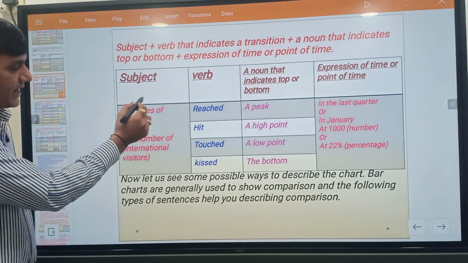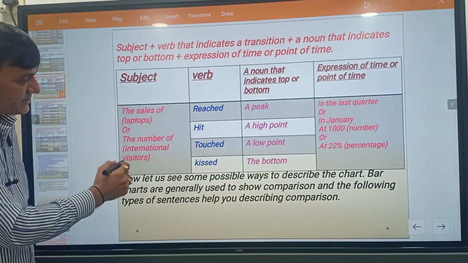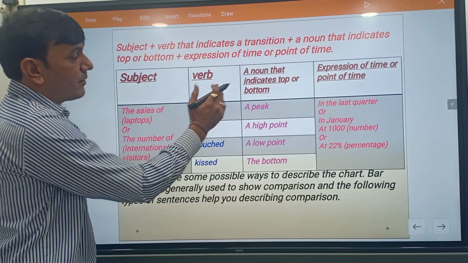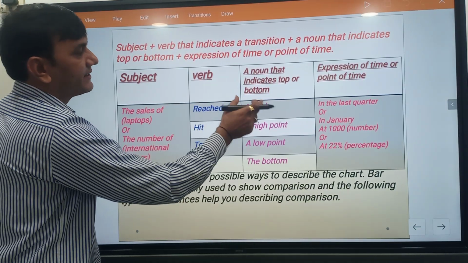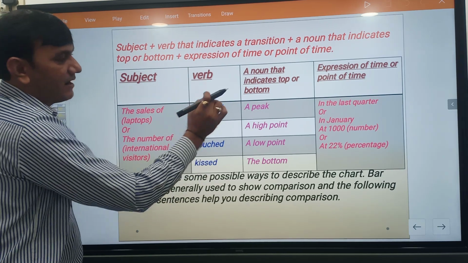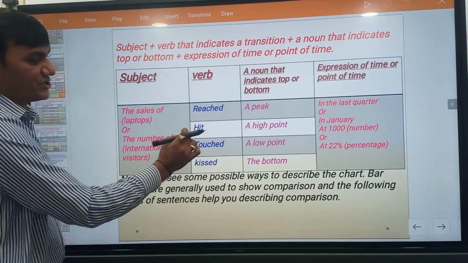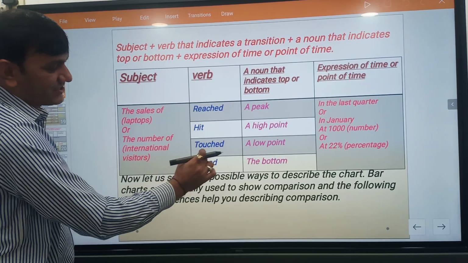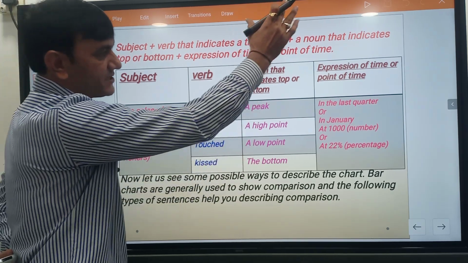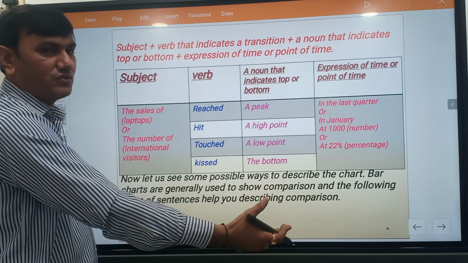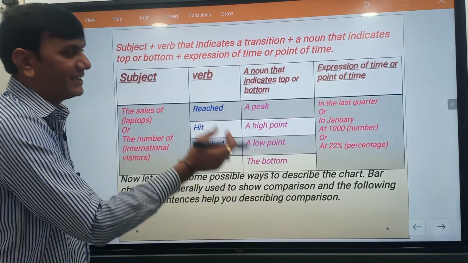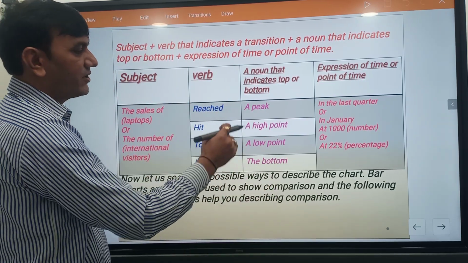The sales of laptops or number of international visitors reached a peak. So this is called verb and their noun: hit a high point, touched a low point, hit a bottom. An expression of time: in the last quarter, from January to June, in January, at 1000 or at 22%.